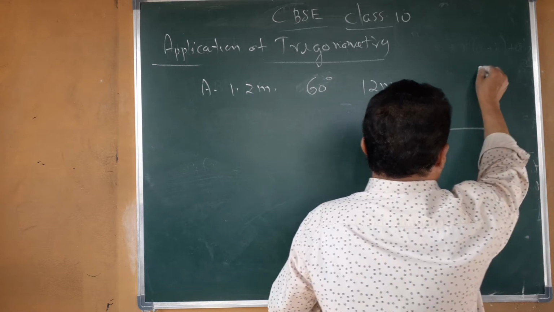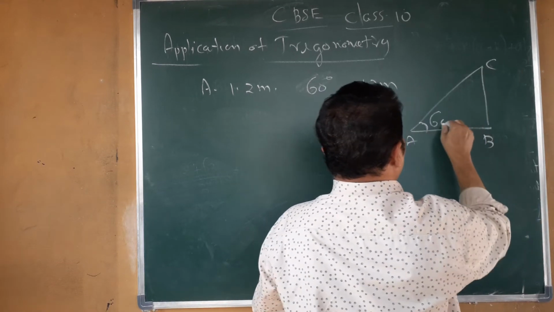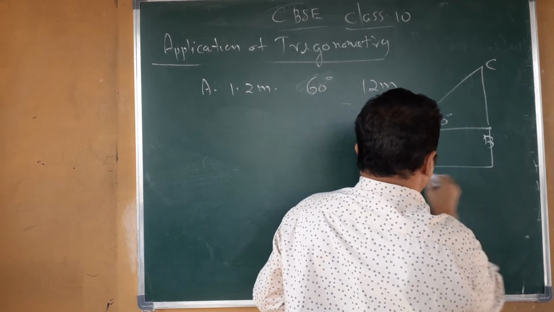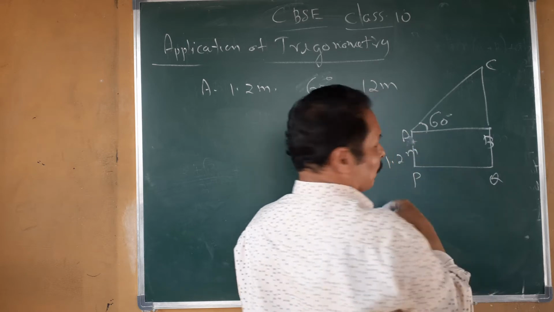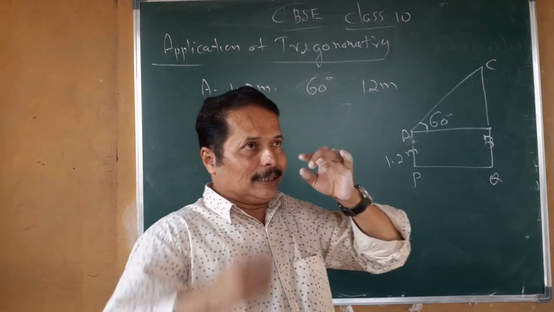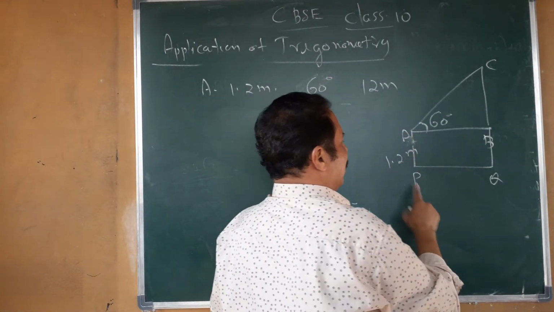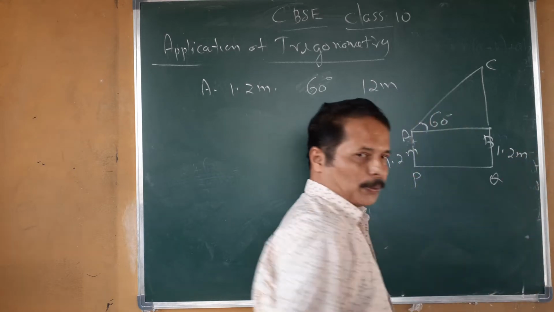This is the right triangle. Always we need a right triangle. This angle is 60 degree, and the height of the boy is given, 1.2 meter. So the height of this is 1.2, here also it is 1.2.